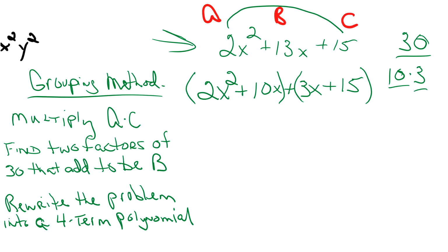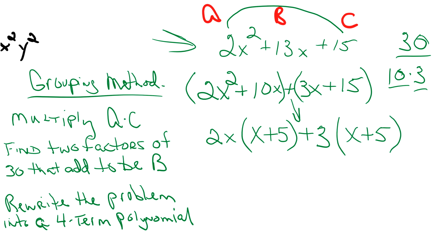So here, the 2x squared plus 10x, I can take out a 2x and then put back 2x squared divided by 2x is x plus 10x divided by 2x is 5, plus, copying down this plus sign over here, and then my right side binomial, I'm going to factor out a 3, and what's left is x plus 5. 3x divided by 3 is x, 15 divided by 3 is 5.